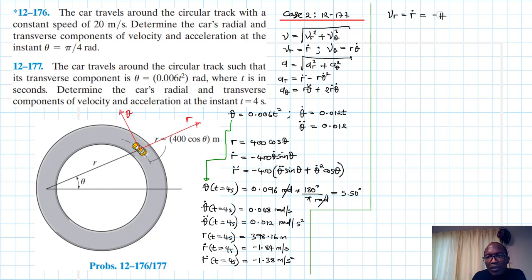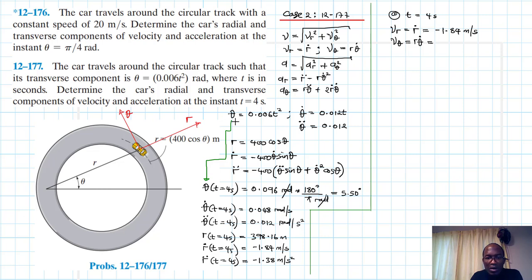This is a minus 1.84 meters per second. Then we have v theta, which is equal to r theta dot. All right, and then you know what r is. These are all values at t equal to 4 seconds.